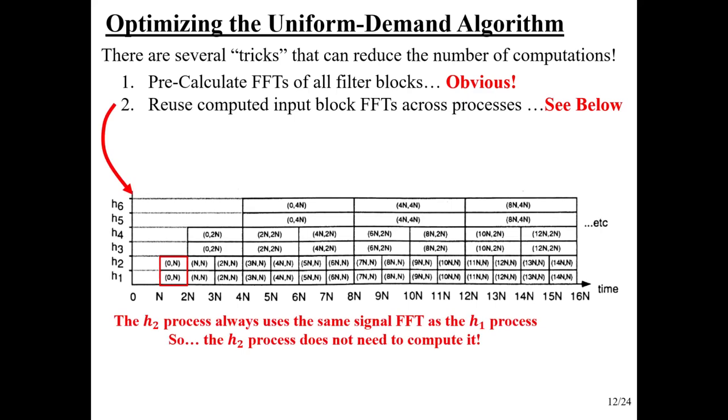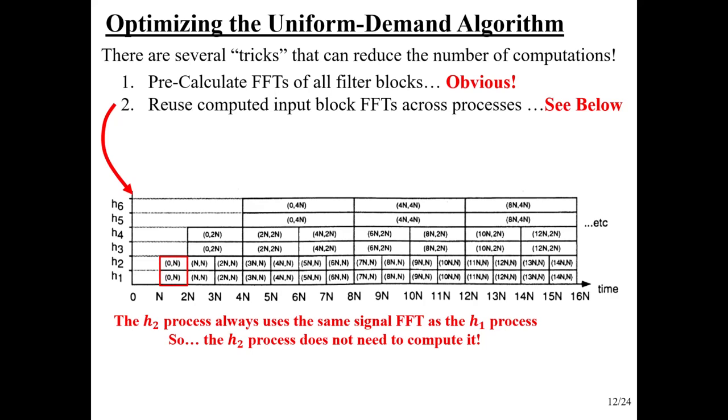So here is the C below right here. So for example, let's start off at the beginning. We've got H1 here and H2. Notice they have the same notation, 0n. So if we go back and we look, they need exactly the same signal data, right? New data starts at 0, length of n.